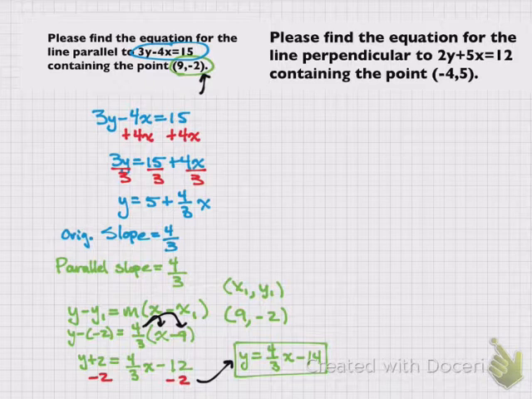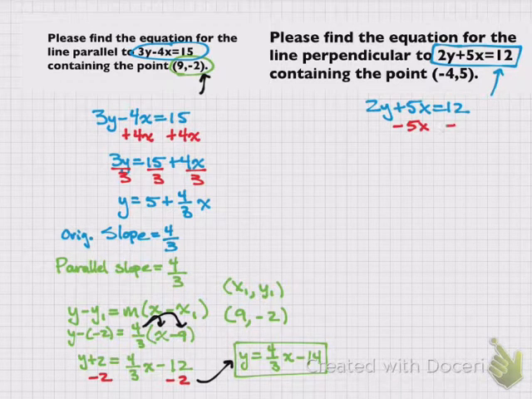All right, in our next example, what we need to do is find the equation for a line not parallel anymore, but perpendicular to this guy. Even so, if we're going to find a perpendicular line, we need to find this guy's slope. So let's put 2y plus 5x equals 12 into y equals form to find the slope.